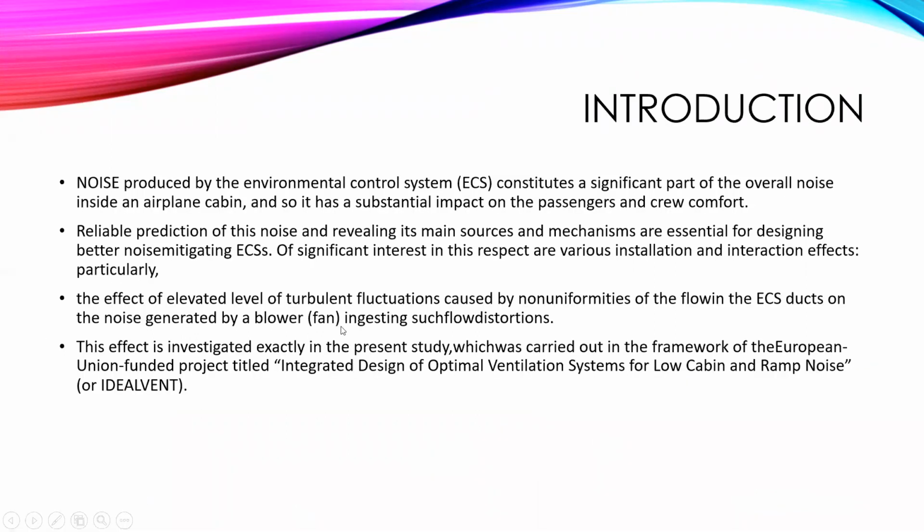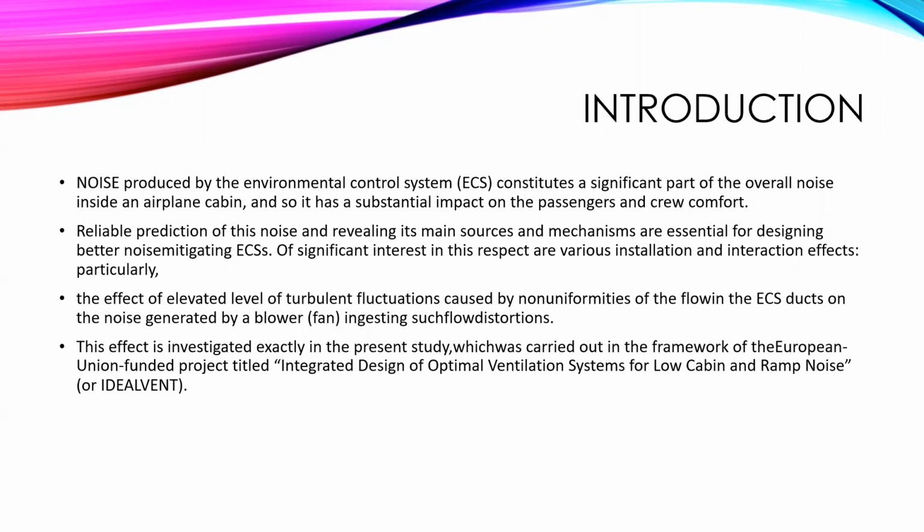So coming to the introduction part, noise produced by the environmental control system constitutes a significant part of overall noise inside an airplane cabin. So it has a substantial impact on passenger and crew comfort. Reliable prediction of noise, revealing its main sources and mechanisms, is essential for designing better noise mitigating ECS.